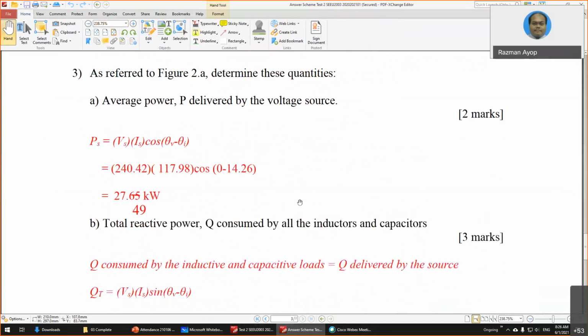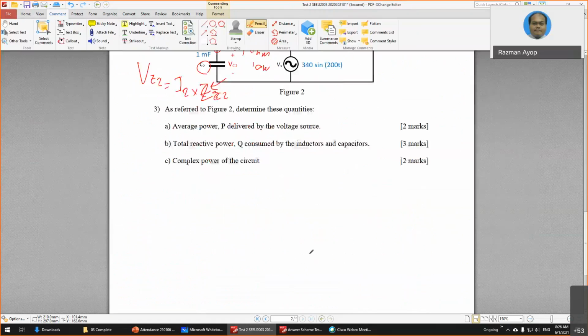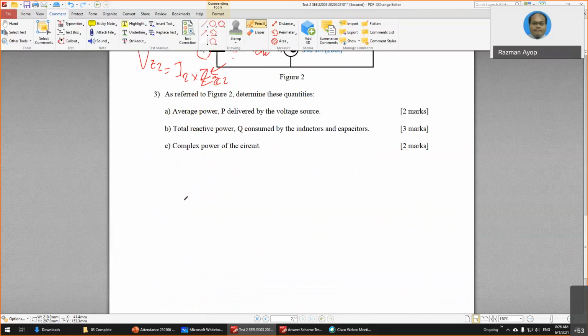Okay, for the next, what is the power delivered by the source? I think this one is the easy one. So remember the formula P equals to V RMS, or you just use VI cos theta V minus theta I, and make sure this takes from the complex number, the phasor number.